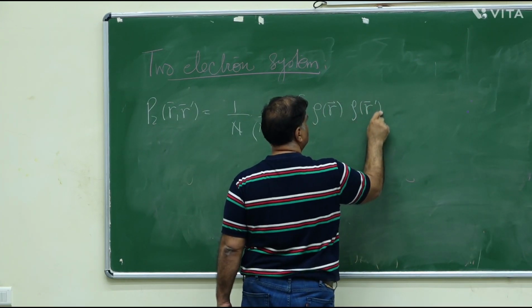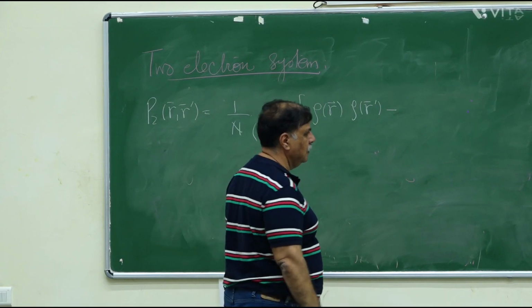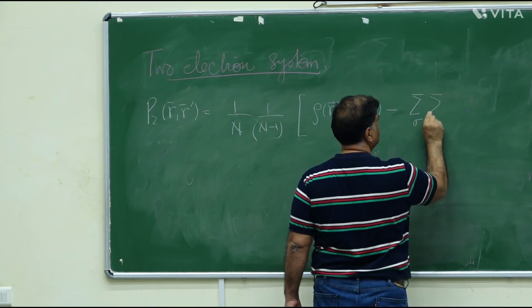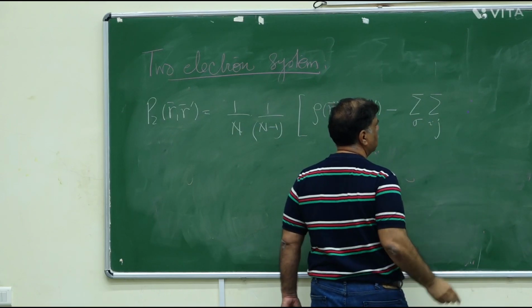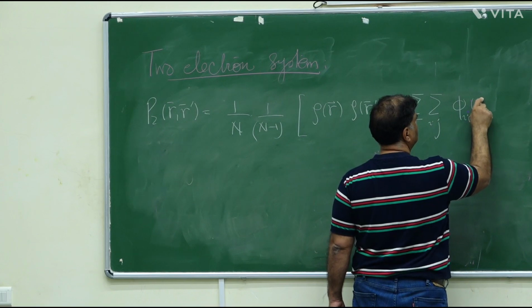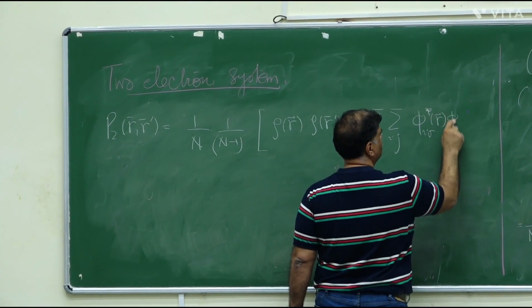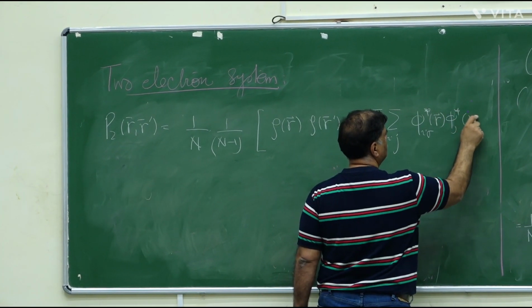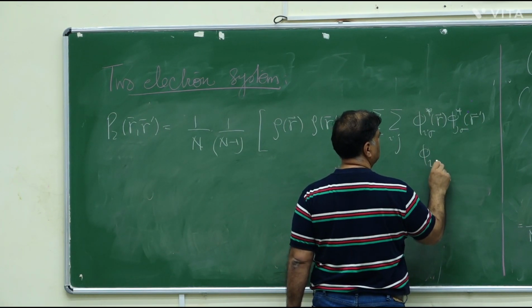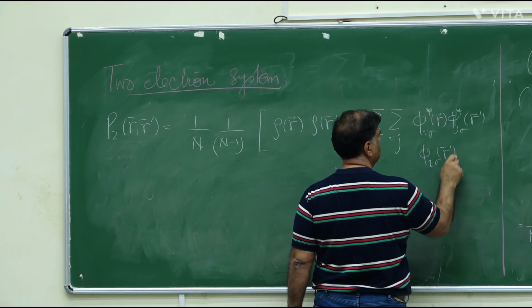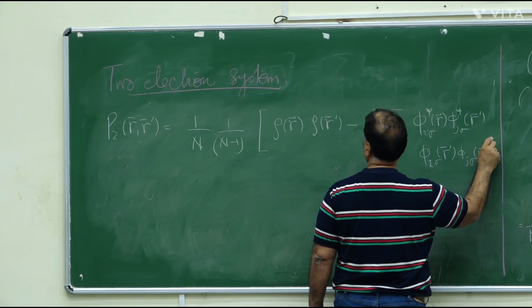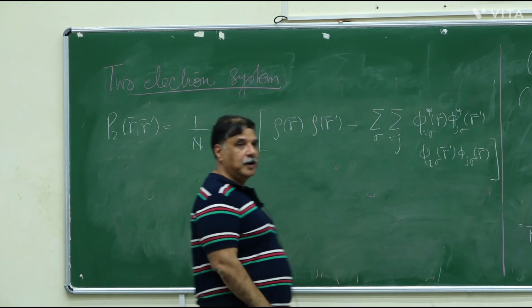Rho r prime minus summation sigma, i and j is only for the space part. Phi_i sigma r star, phi_j star r prime, phi_i sigma r prime, phi_j sigma r. Alright?